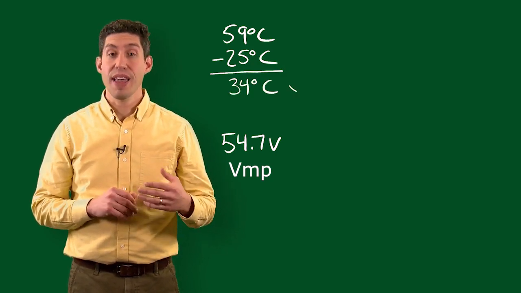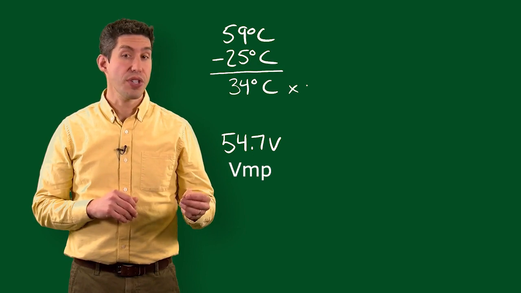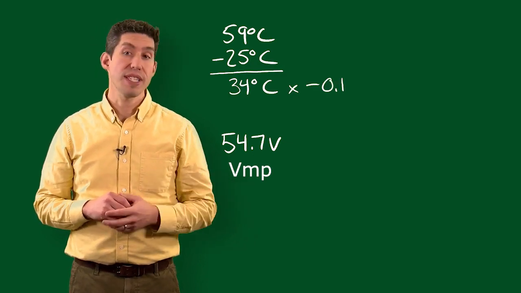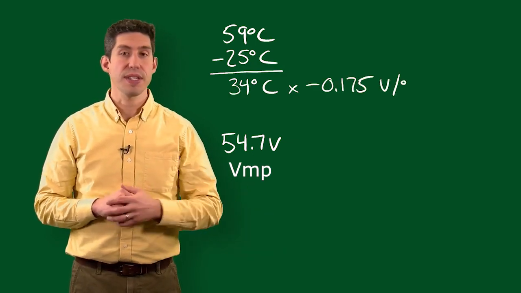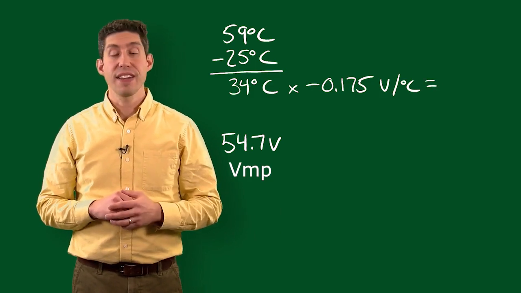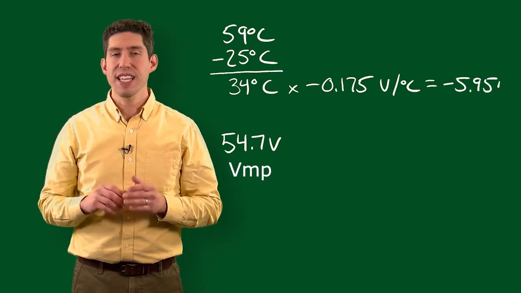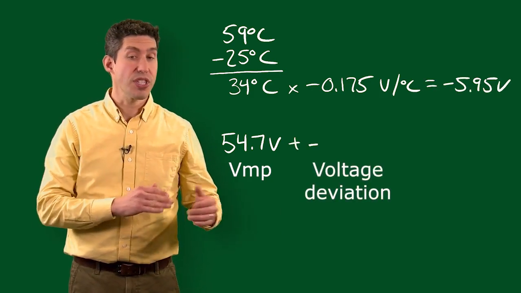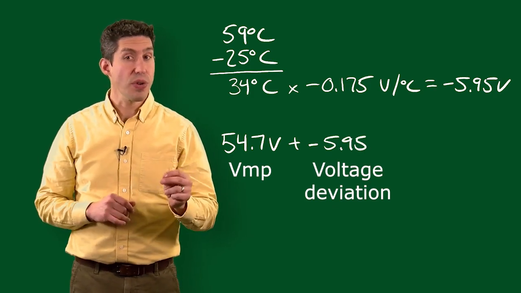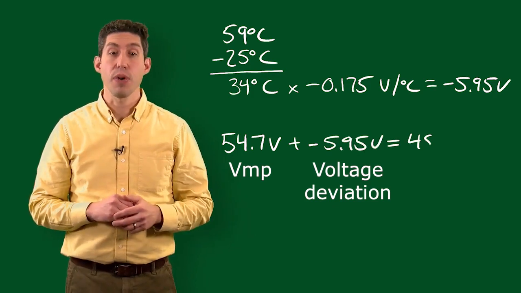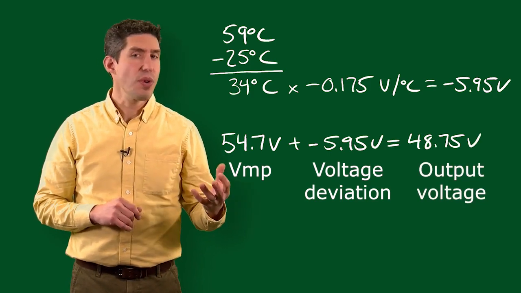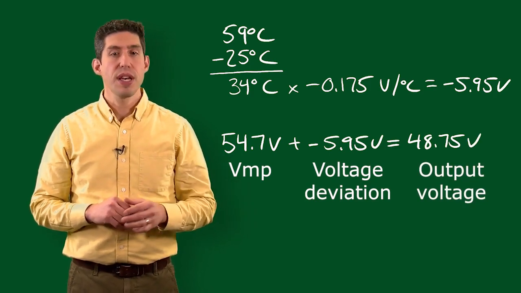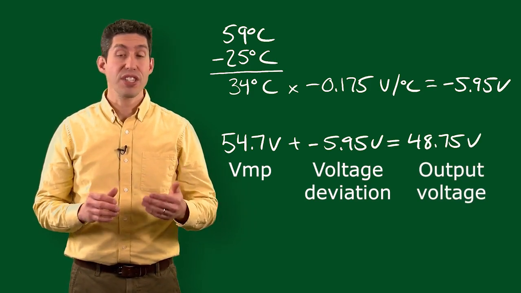We then multiply that temperature by the temperature coefficient of negative 0.175 volts per degree Celsius. The product, negative 5.95 volts, is then added to the maximum power voltage at STC, and we get a new voltage of 48.75 volts. Notice that this voltage is under warm conditions, meaning that the operating voltage is actually lower than under STC conditions.